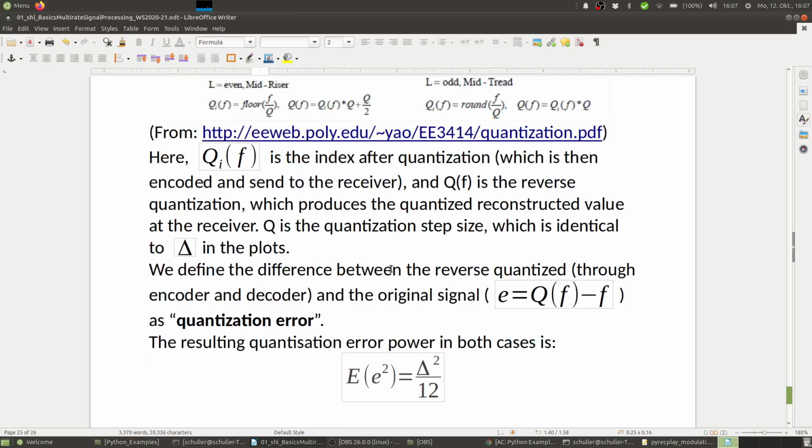Yeah, and then we can also define a quantization error by taking the reconstructed signal and subtract the original signal or value, reconstructed value, original value, and that's your error, the quantization error.